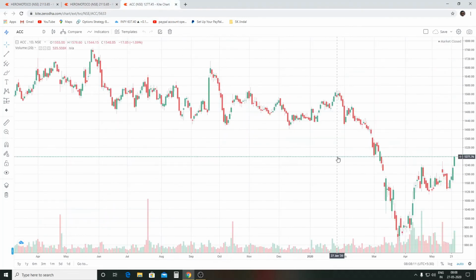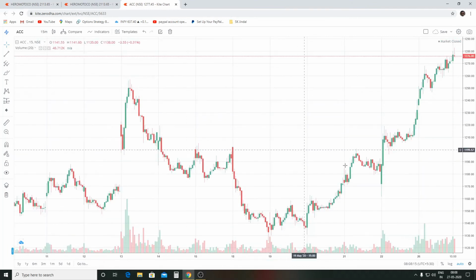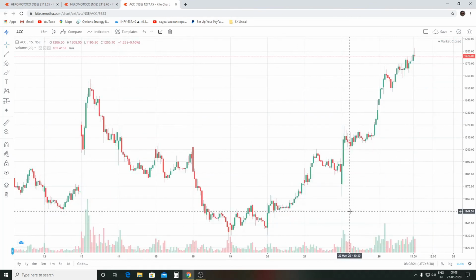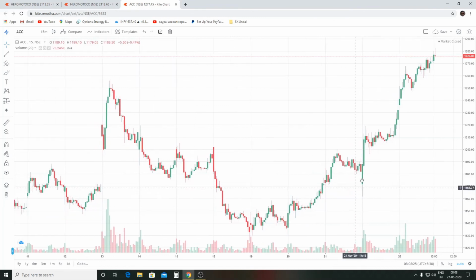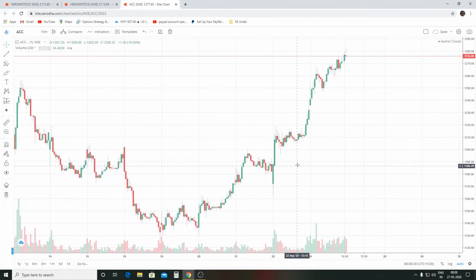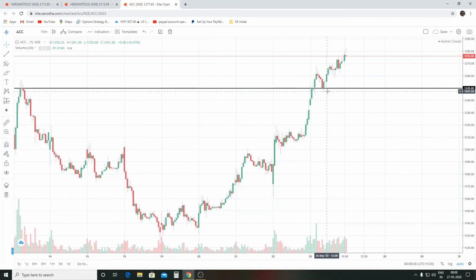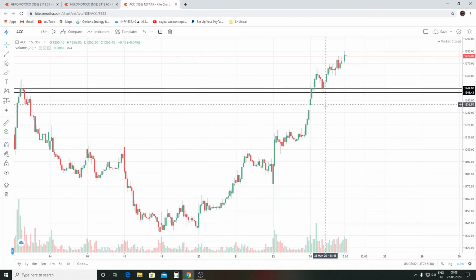Let's take ACC Cements. I'll change the daily time frame to a 15-minute time frame. Now I need to mark its resistance zone and support zone as well. A smaller support is expected around these levels of 1250, and anyway round numbers are a region of good support.